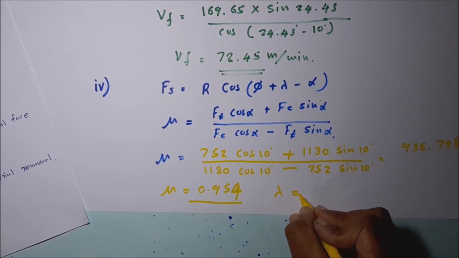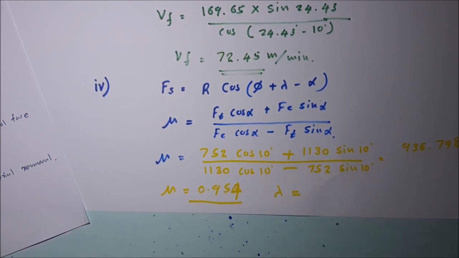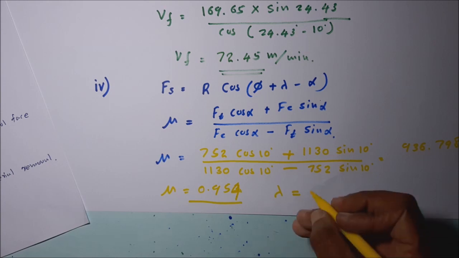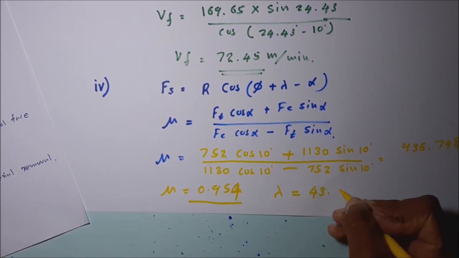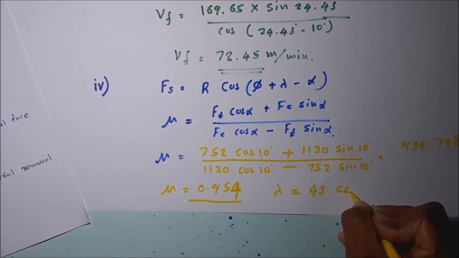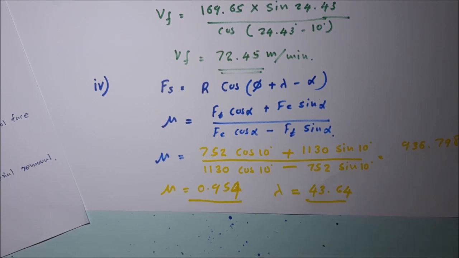Tan inverse mu is equal to lambda, 43.64 is the lambda. Now we have these values, then we can calculate the shear force.